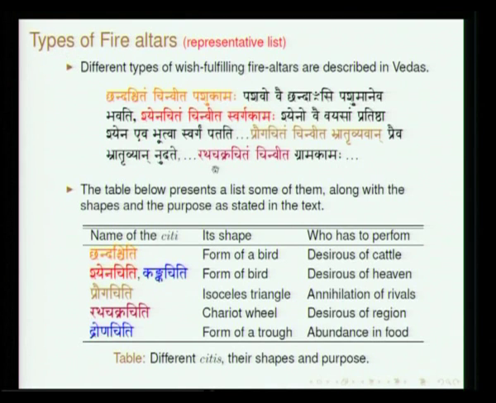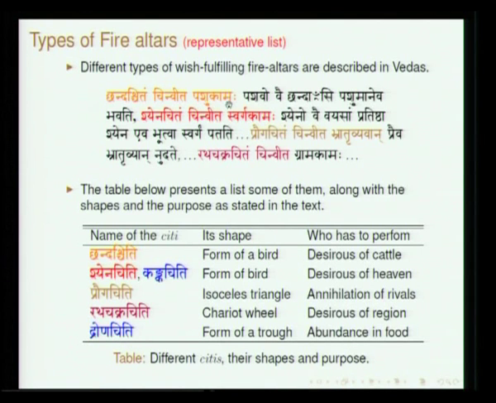This is also found in these Vedas, as to the purpose for which a particular chiti has to be done. For instance, Chandaschyatam Chinvita Pashukamaha: if you are desirous of having a large number of cattle, then you perform this. Shenachitam Chinvita Swargakamaha, Praugachitam Chinvita Bhrataruvyavan. Bhrataruvya should not be confused with Bhrata. Bhrata means brother, Bhrataruvya means enemy.